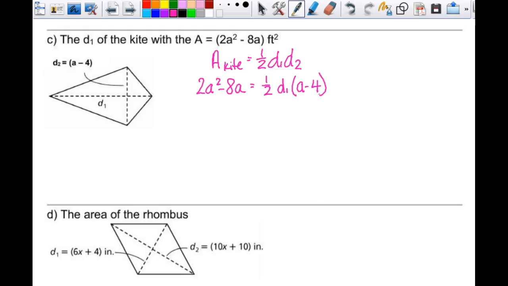All right, so before I start trying to get D1 by itself, I'd like to do something with that 1/2. I could distribute that 1/2 into the A minus 4, and the 4 is even, so that's good. I wouldn't end up with a fraction, but I'd still have 1/2 A, which I'm not in love with. So instead, could I multiply both sides by 2 to get rid of the 1/2? Yes. Okay, so that's what I'm going to do.